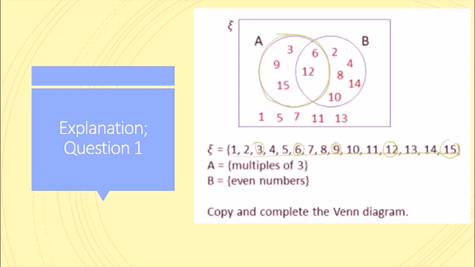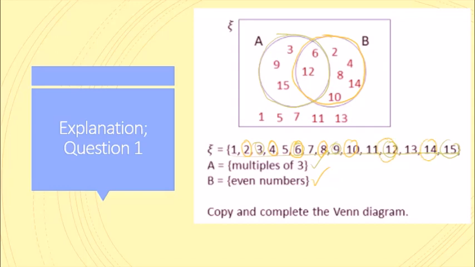Okay, let's just take that off. And if any number is even, it goes into this circle over here. The even numbers are the numbers in the 2 times table, so 2, 4, 6, 8, 10, 12 and 14.